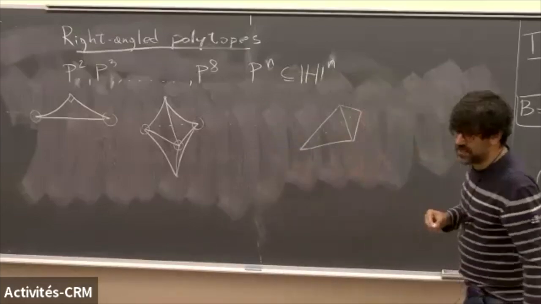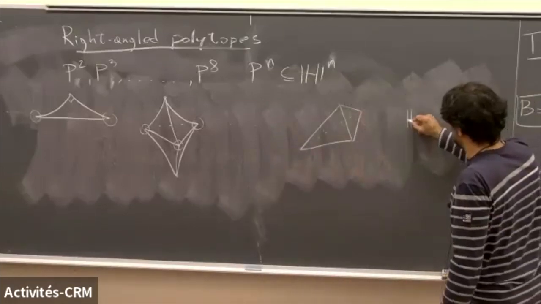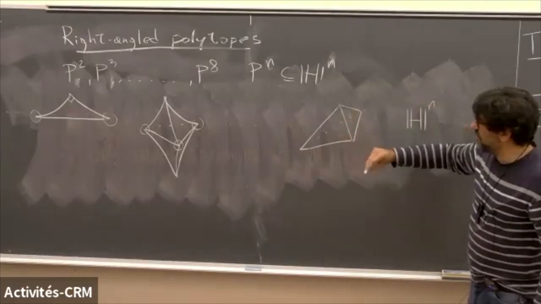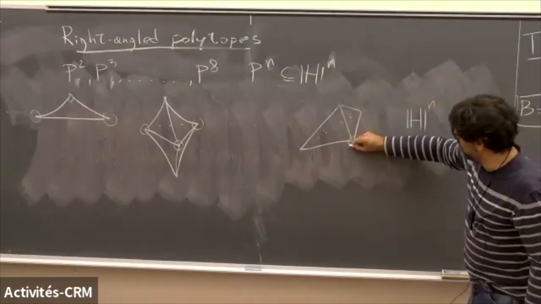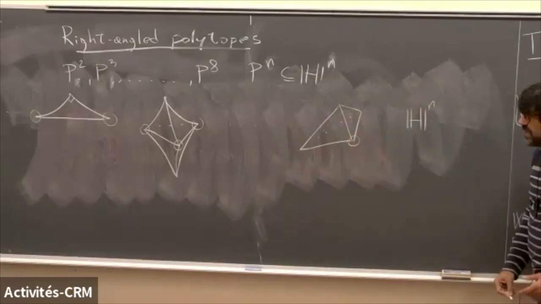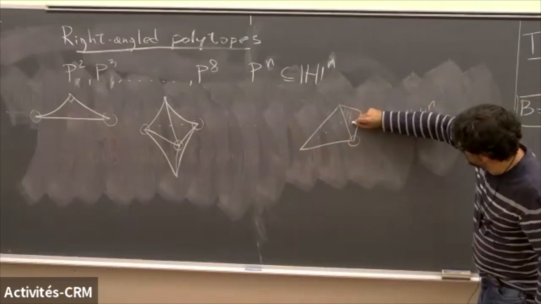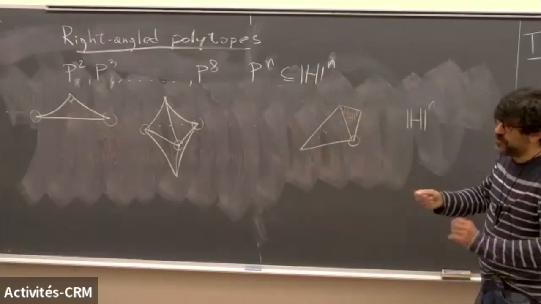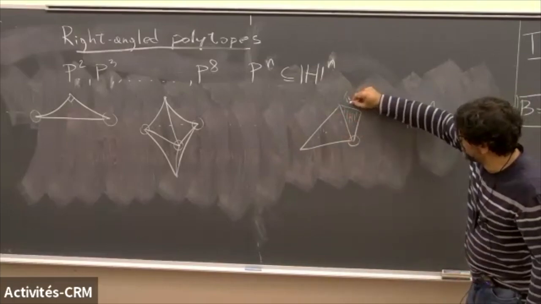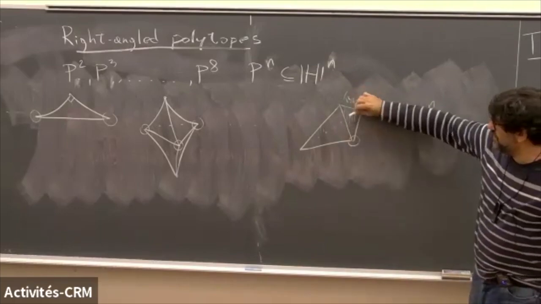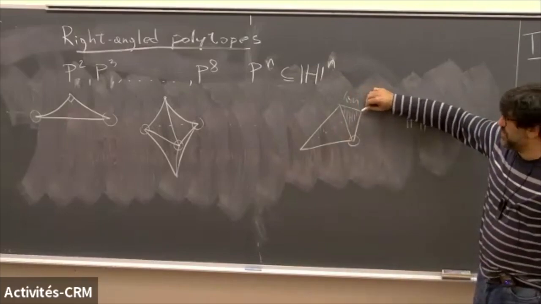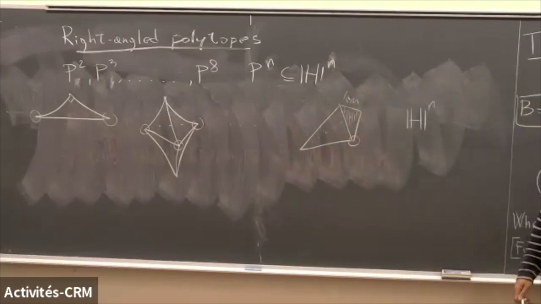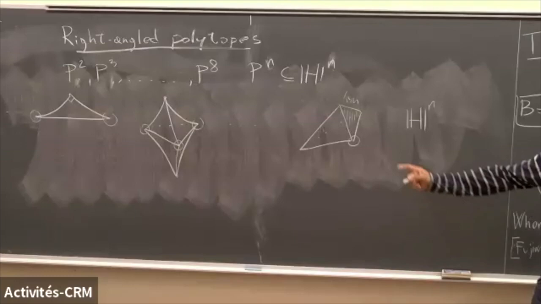Suppose that you are lucky enough that in hyperbolic space, you have a simplex, which may have some ideal vertex, like for instance here, and such that there is a face which is right-angled to all the others except a few ones where the angle is pi/4. So suppose that you have a face such that the angle of this face with all the others is always pi/2 except maybe one, which is pi/4.